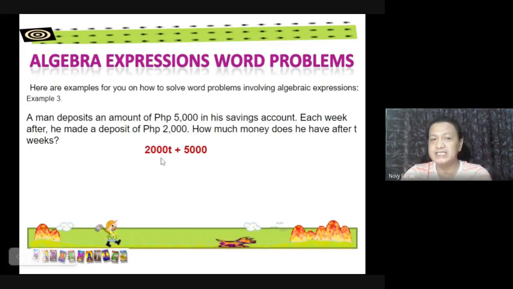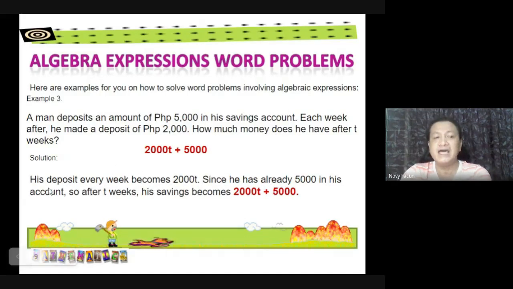The answer is 2,000T plus 5,000, because his deposit every week becomes 2,000T, since he already has 5,000 in his account. So after 3 weeks, his savings becomes 2,000T plus 5,000. And that is our answer.